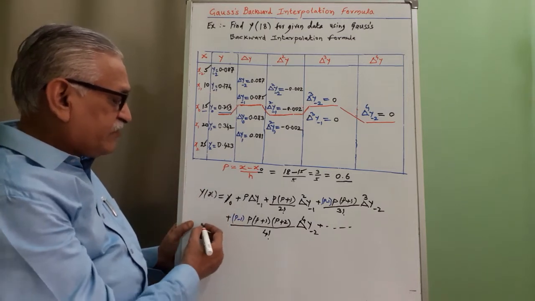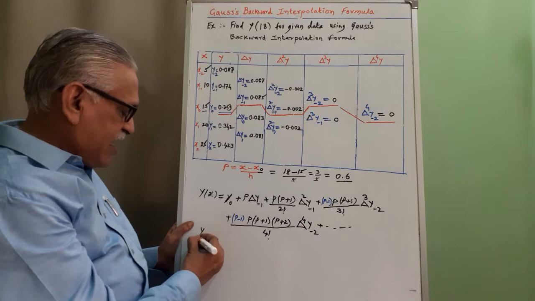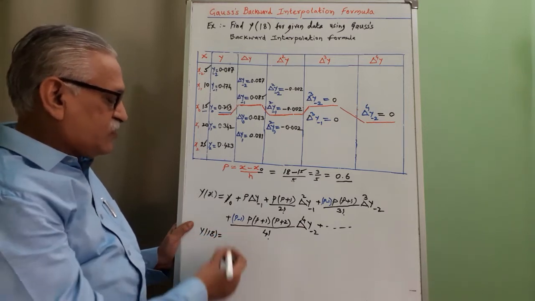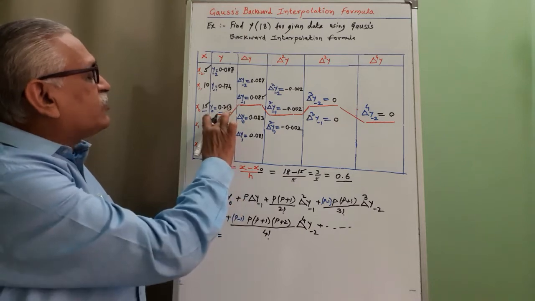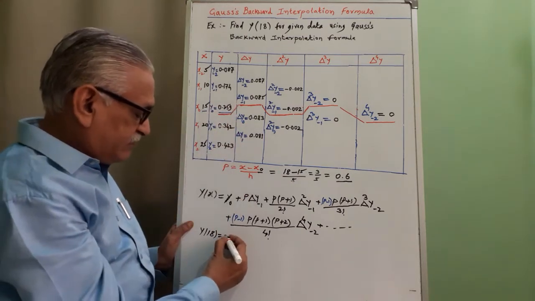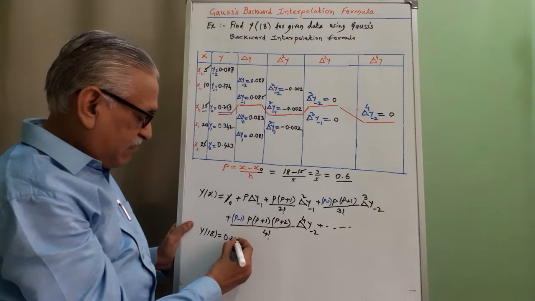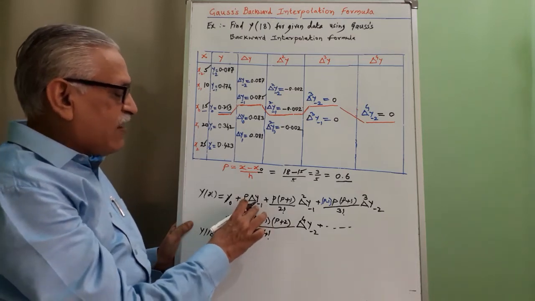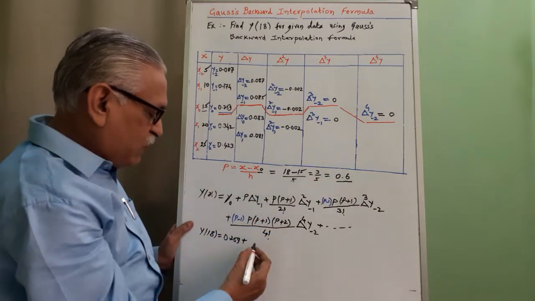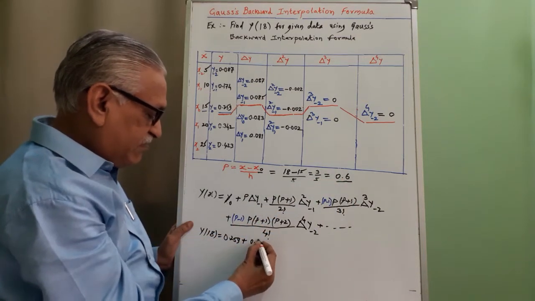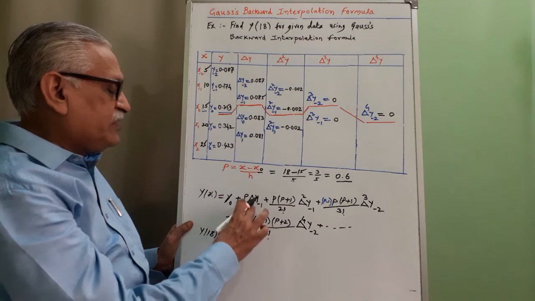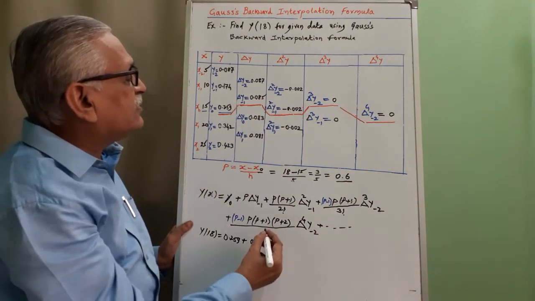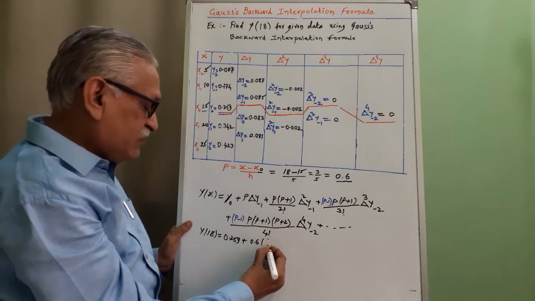y of x, it is y at 18, is equal to y0, the value of y0 is 0.259, plus p into del y minus 1, the value of p is 0.6, into del y minus 1, the value of del y minus 1 is 0.085.